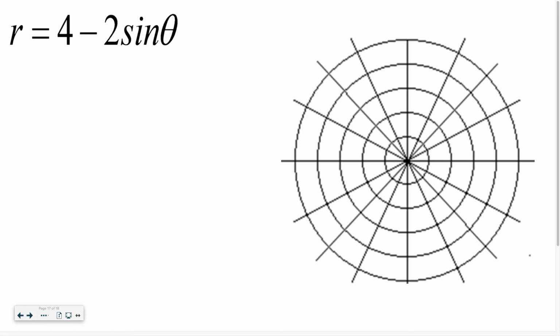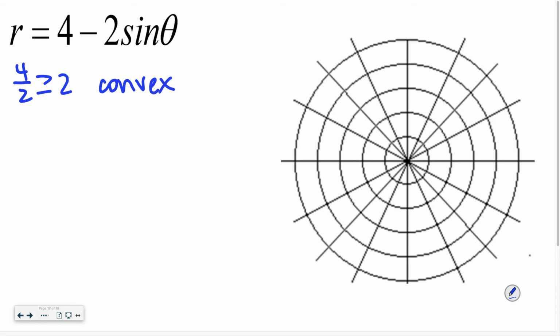Okay, so we have a limaçon. Richard, what kind? Convex. Okay, 4 over 2 is greater than or equal to 2, so we have a convex limaçon.